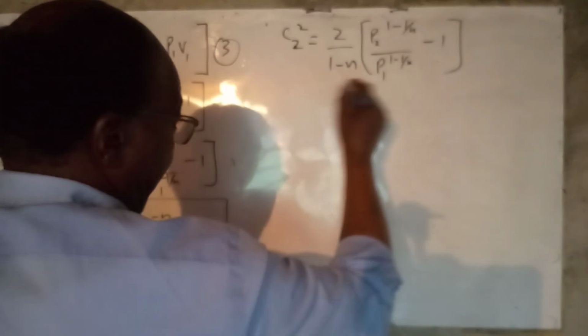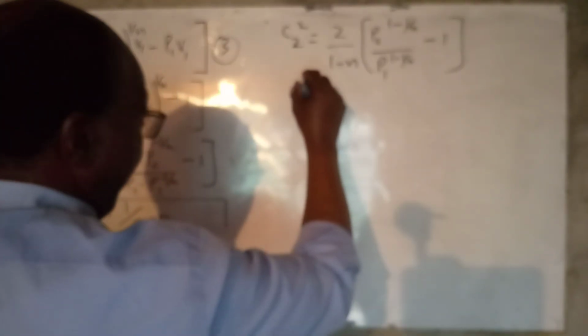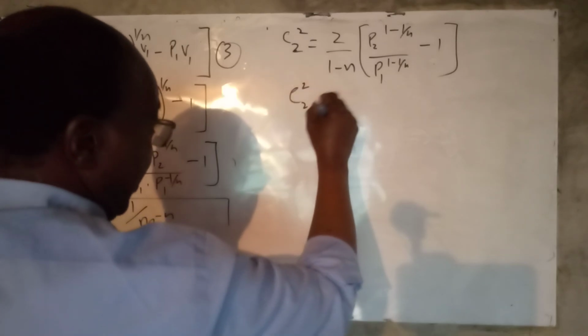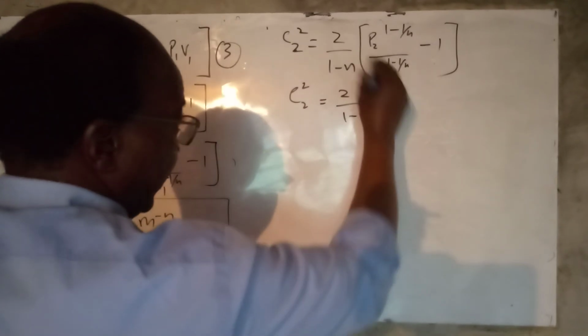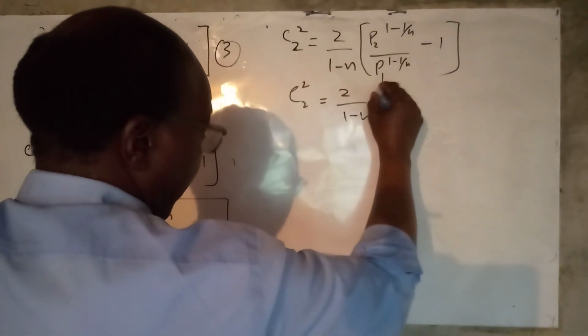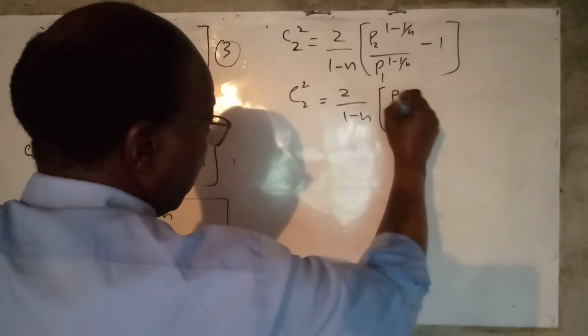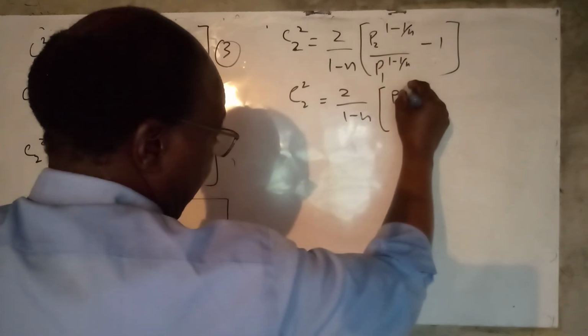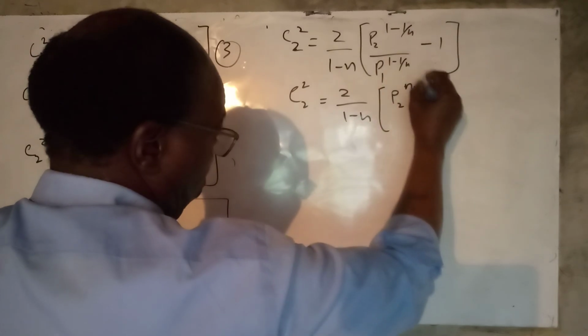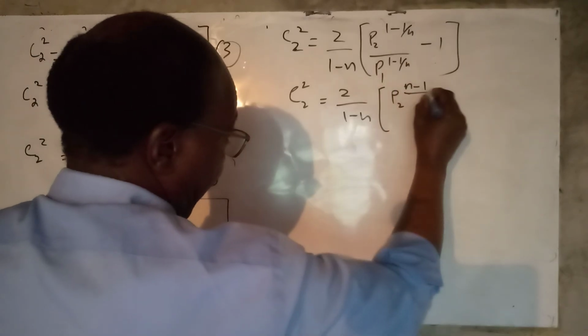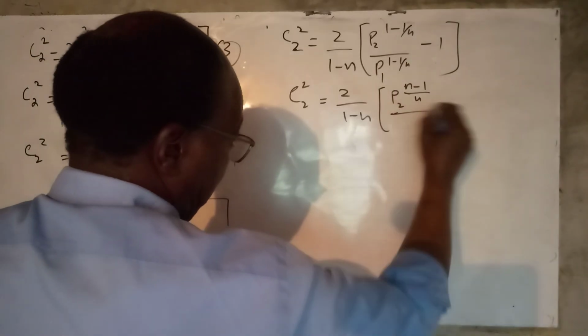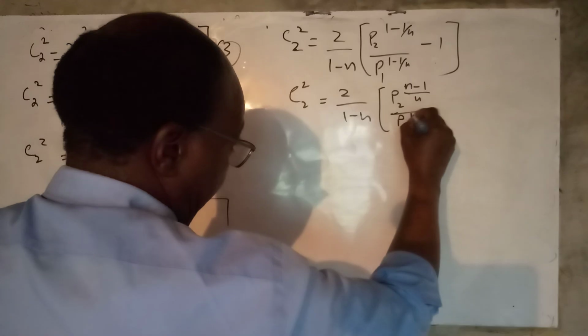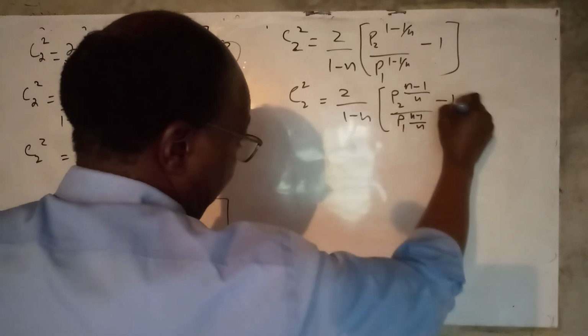If we simplify those fractions, the index, we have 2 into 1 minus n, and that will be into P2, n minus 1 over n, P1, n minus 1 over n minus 1.